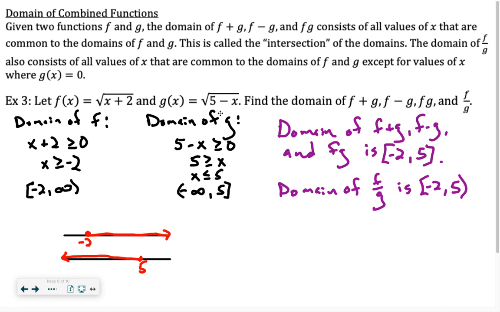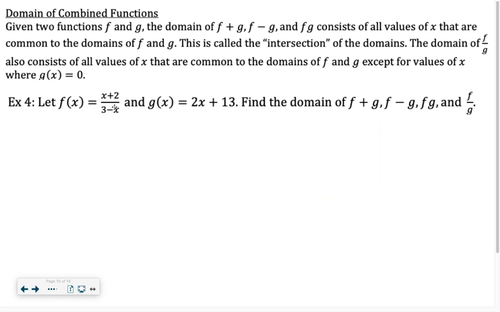Right? Let's take a look at one last example. Okay, so let's say my f of x is x plus 2 over 3 minus x, and my g of x is 2x plus 13. So I need to find the domain of both of those. So in my f, I have a denominator. Anything that makes the denominator equal to 0 is not part of the domain.